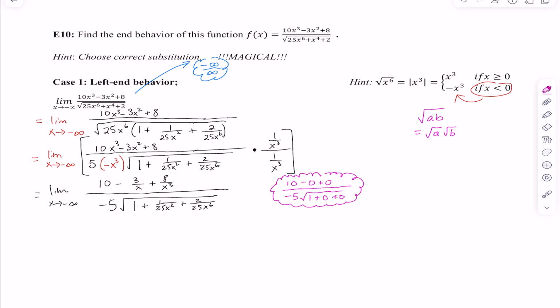Now since that limit exists in the numerator and exists in the denominator, you could write an extra step here. I shouldn't say an extra step, it's a beautiful step.